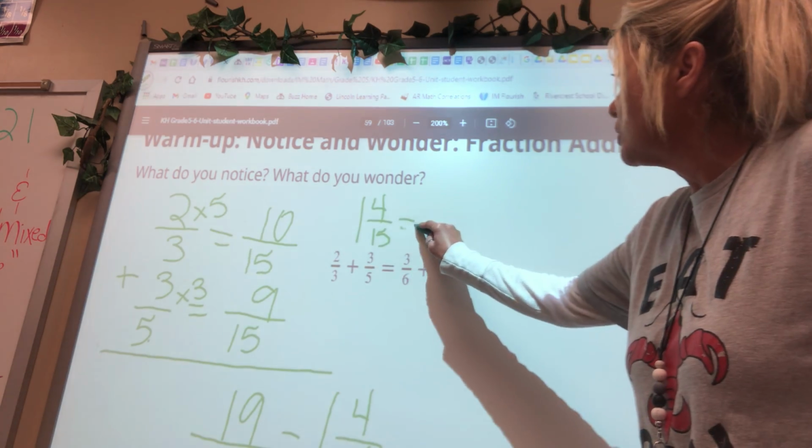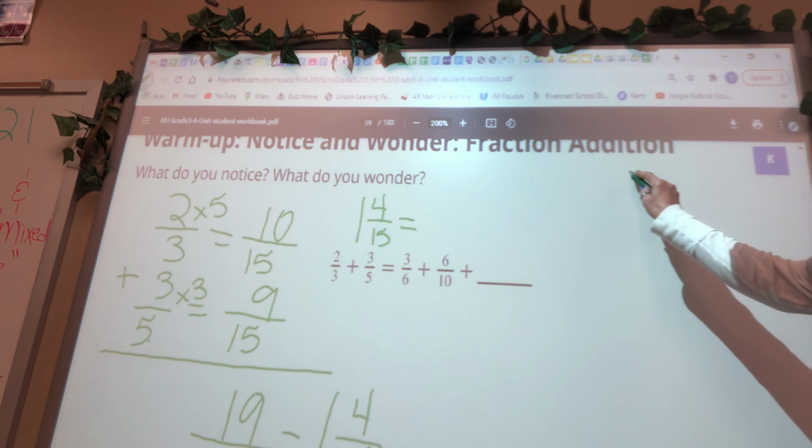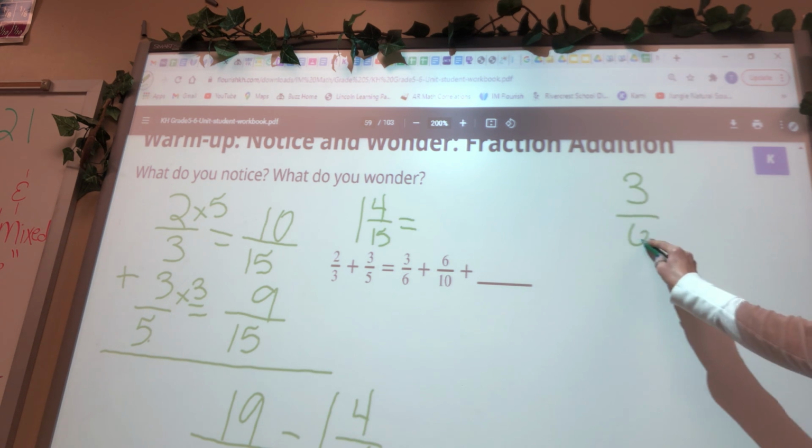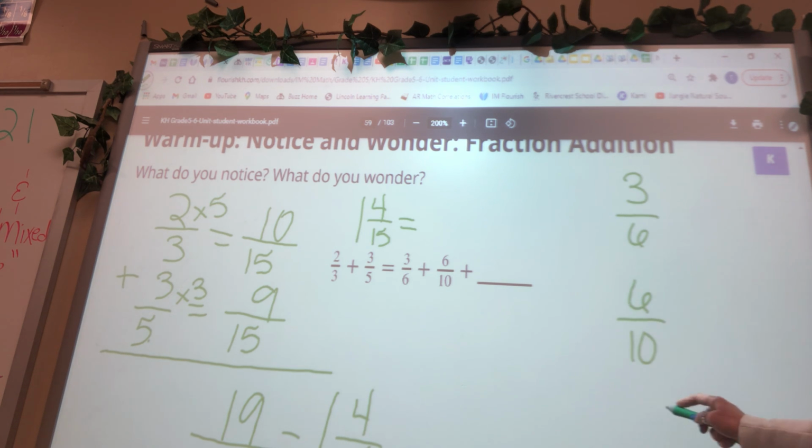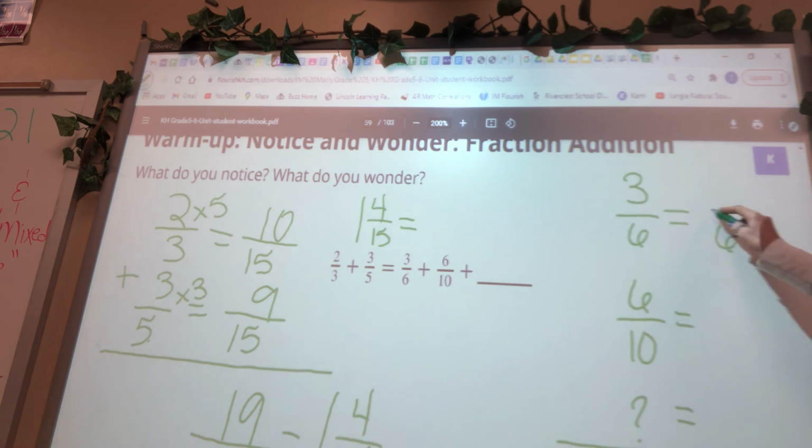Well, we have to make it equivalent to this side. So let's see what we have over here. We don't know this one, but if I work this, they do have to have a common denominator. 60. Okay? Since we don't know this one, we're going to have to go with what we would get here. 18.